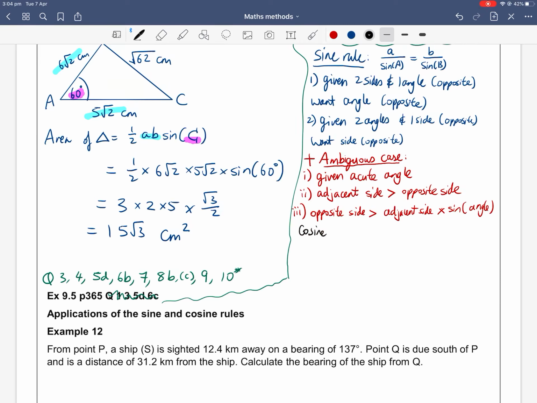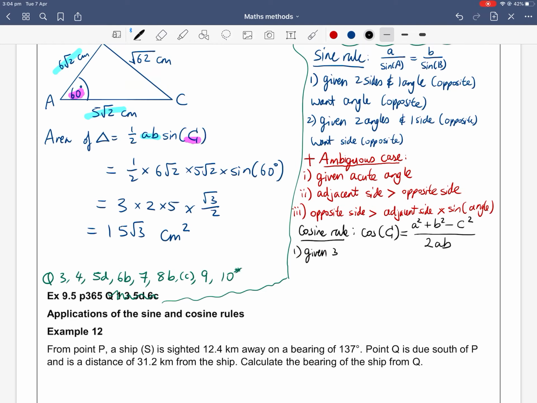We also introduced the cosine rule. The default formula is cos of my angle C is equal to the squares of the other two sides added together, so a squared plus b squared, minus my side squared, c squared, and I'm dividing by twice the product of the other two sides.